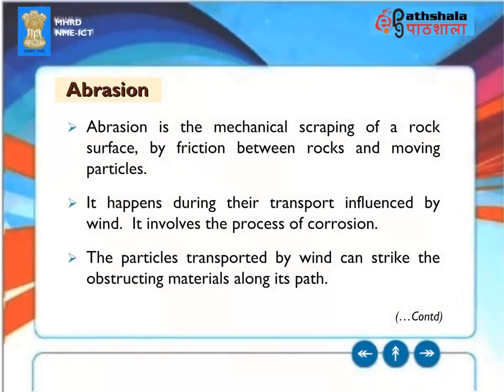Abrasion. Abrasion is the mechanical scraping of a rock surface by friction between rocks and moving particles. It happens during their transport influenced by wind. It involves the process of corrosion. The particles transported by wind can strike the obstructing materials along its path.